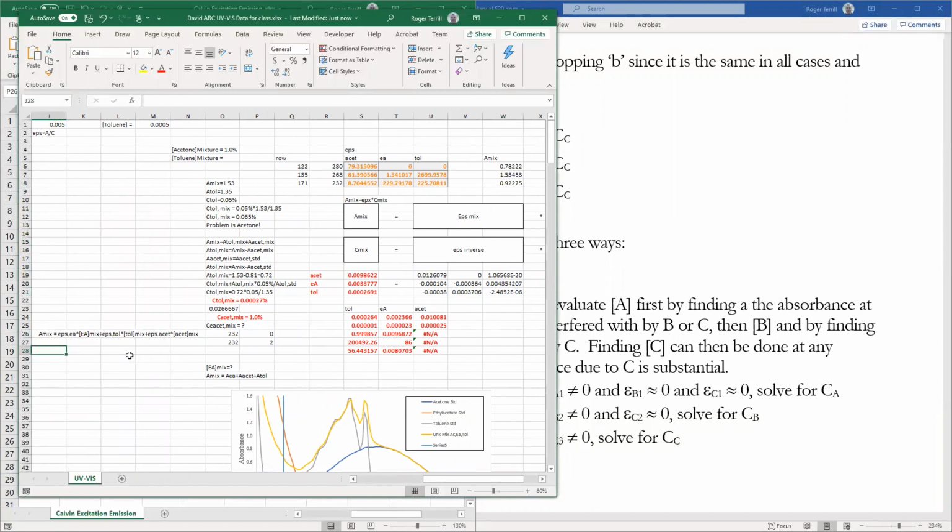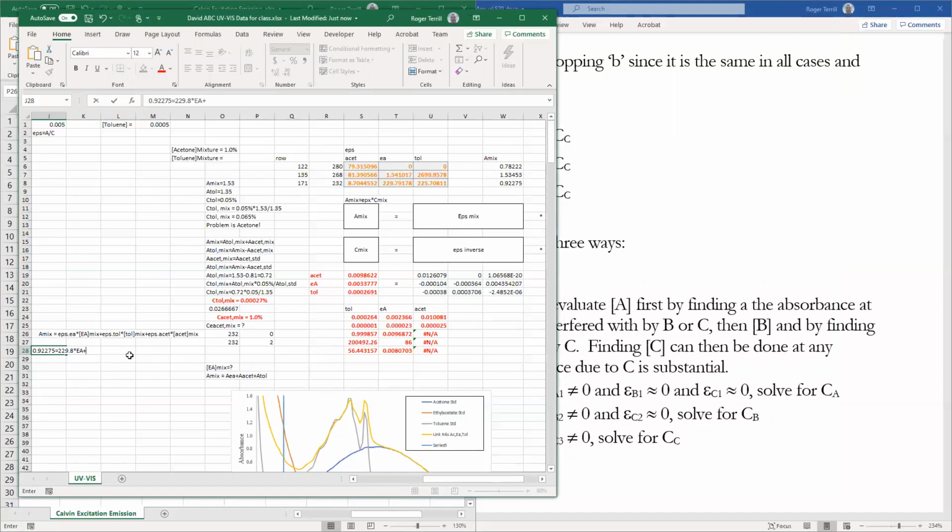So what we're going to have is 0.92275 equals epsilon EA, which is going to be 229.8 times EA. I'll just use the EA there, because that's what we're going to be solving for.